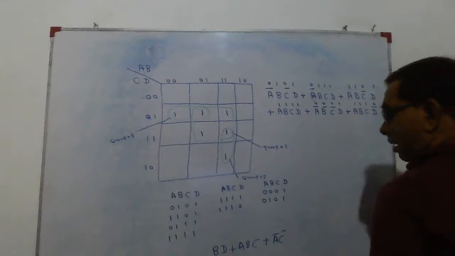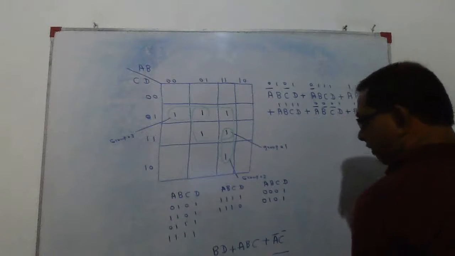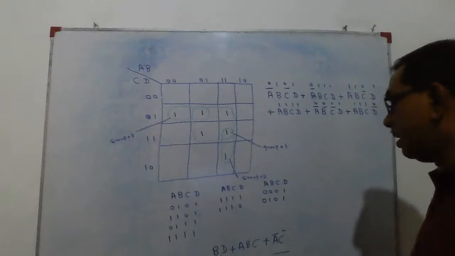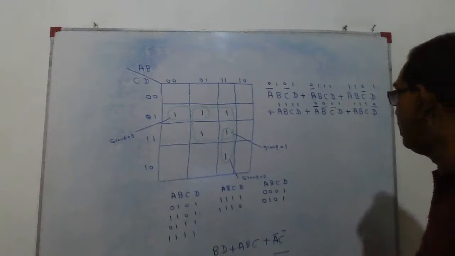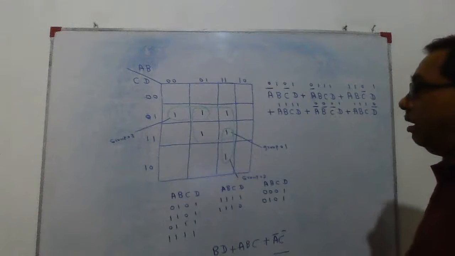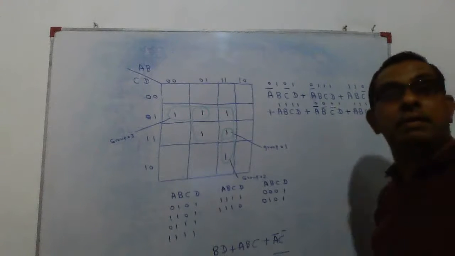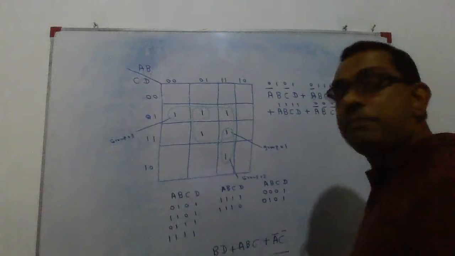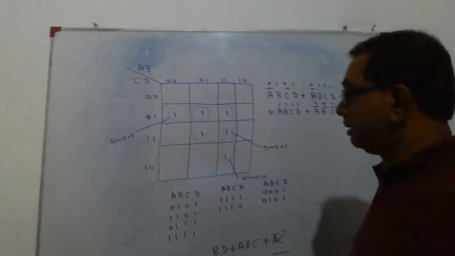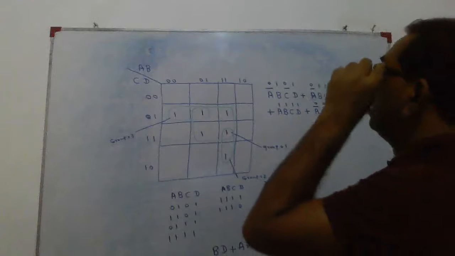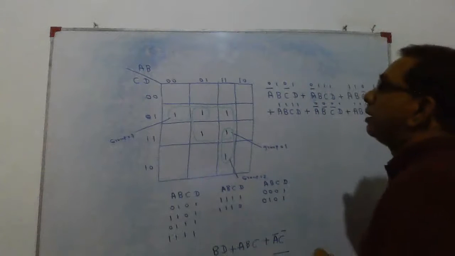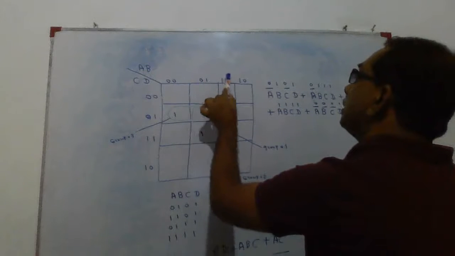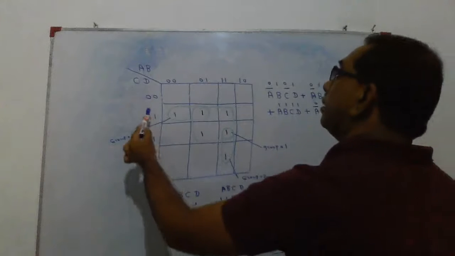Now we have to take the simplified version of the Boolean equation like this: B and D O, A and B and C O, A bar and C bar. If you try to get the same Boolean simplified answer by seeing the truth table for the entire group, we can understand here B is common.